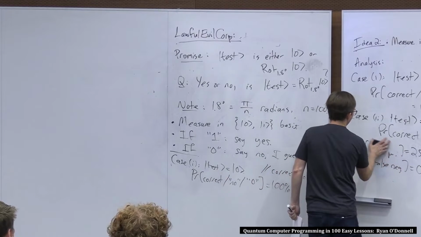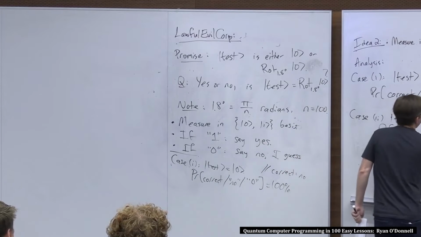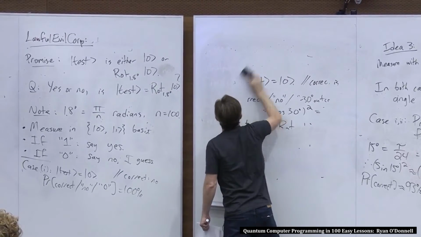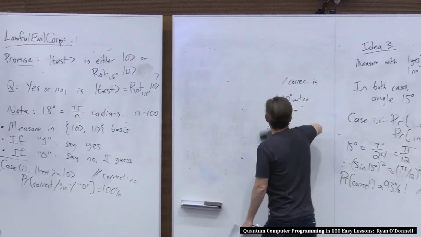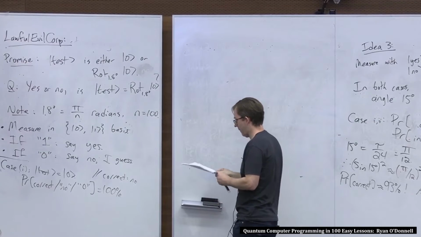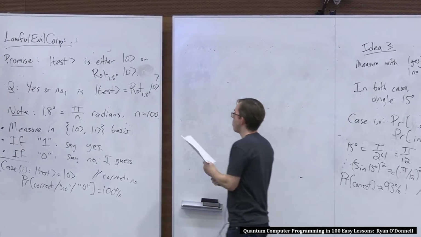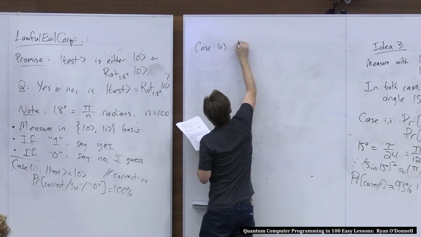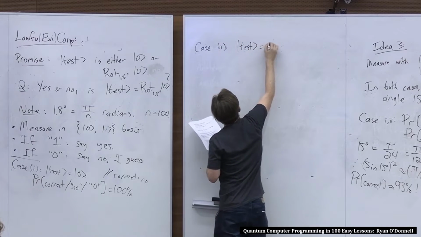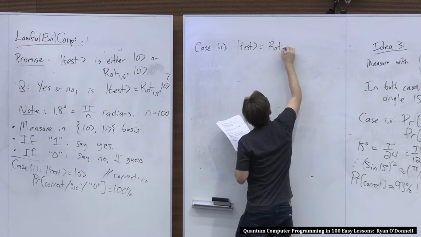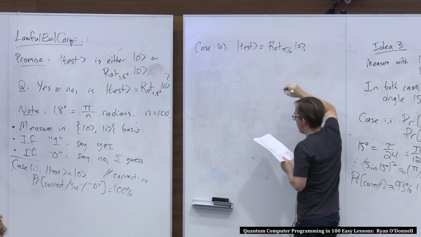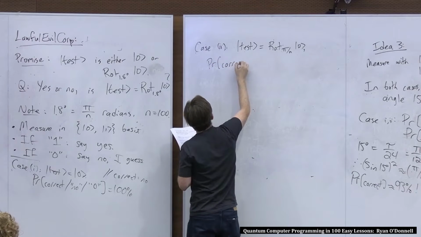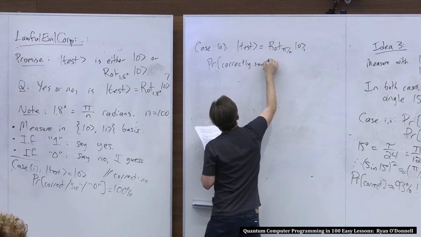But of course, the probability that you are correct in the other case is going to be extremely small. So case 2: when the test is this slightly rotated vector, the answer is yes, and you correctly say yes.